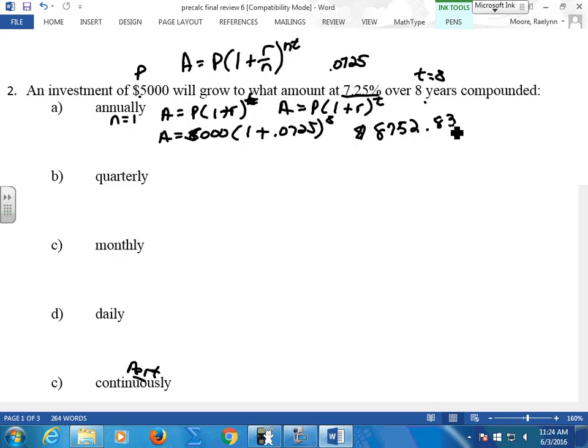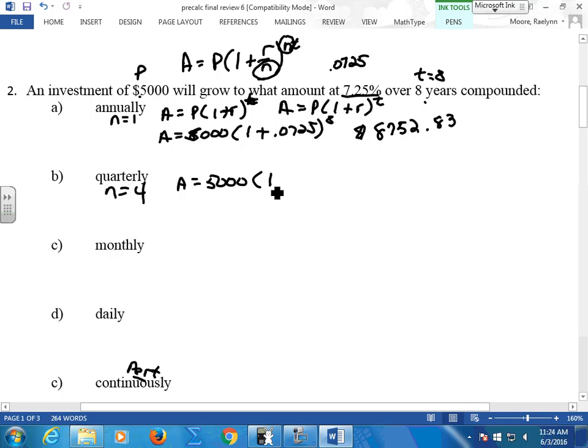If you compound quarterly, what's n? 4. So all I have to do now is put n in here and n up here. So I invest my 5,000. I'm increasing my rate. What the 1 does, it rolls your interest in over and over again. If you just put the rate, you will only get the interest made for that 1 year. So keep that in there.